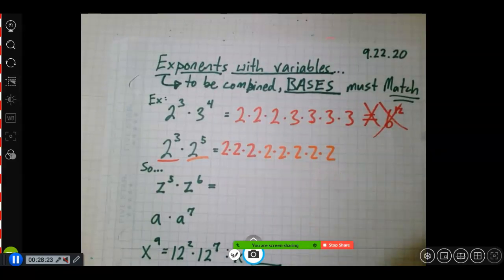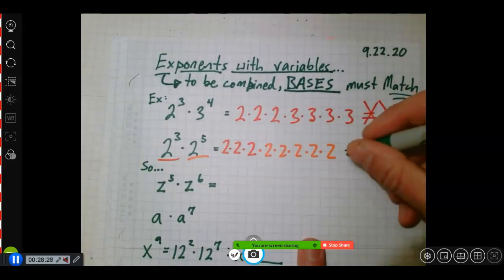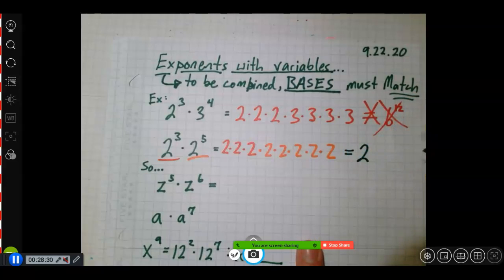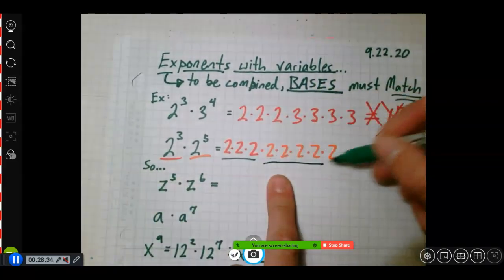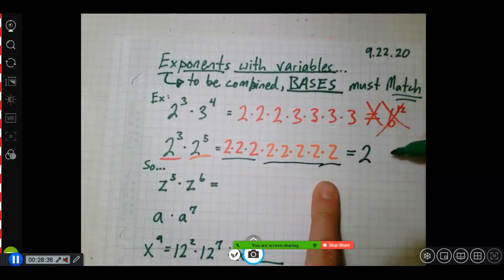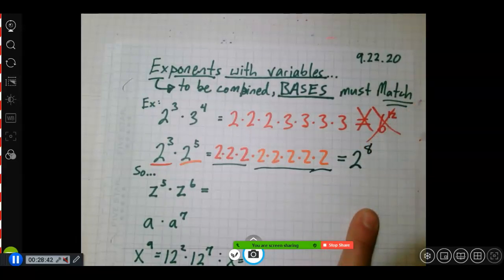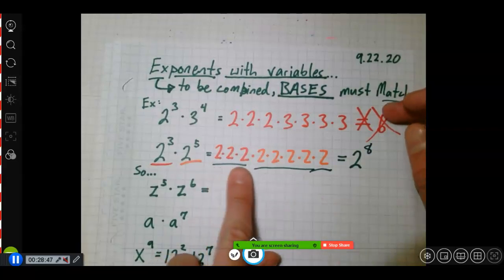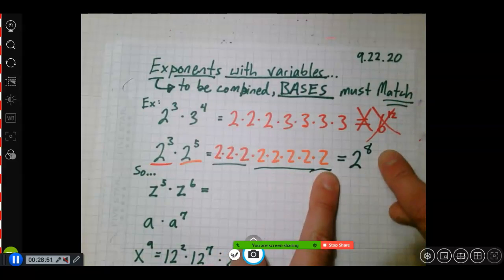So we could just count up how many we have. We had 3 from the first one, 5 from the second one. How many 2's do I have in total? 8. 1, 2, 3, 4, 5, 6, 7, 8. So this becomes 2 to the 8th.